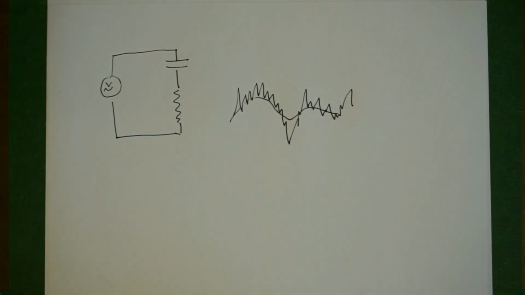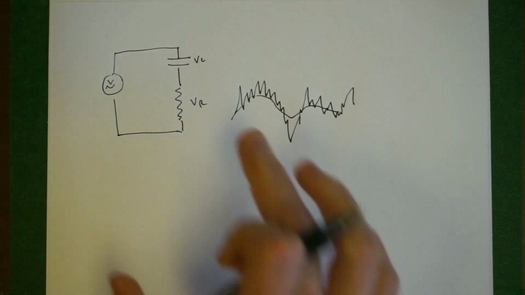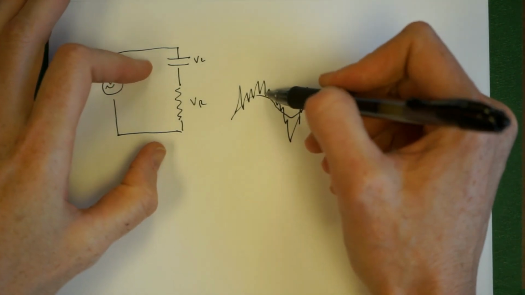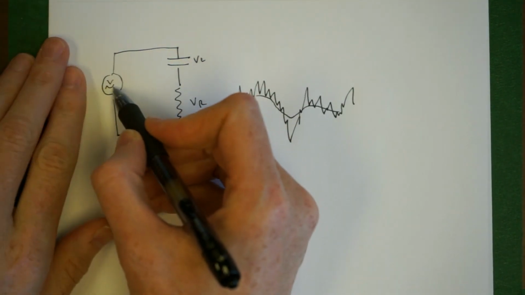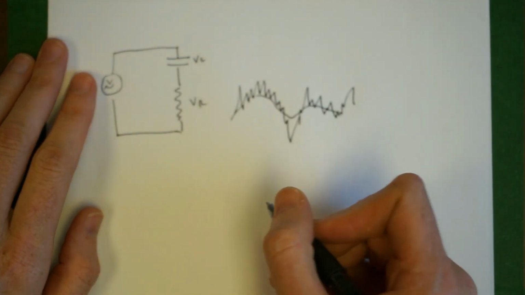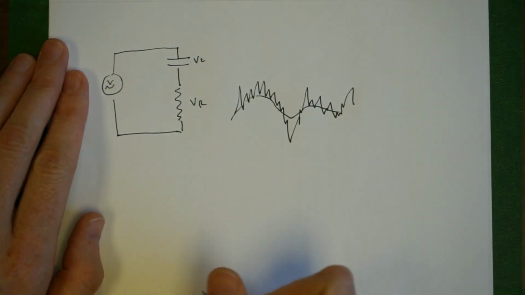So now we can imagine what happens across V sub c and V sub r. So V sub r is going to pick up all of these instantaneous little fluctuations, because as this source changes, it's going to push the current, it's going to be constantly trying to drive this V sub c towards the instantaneous value that's coming in from the signal.